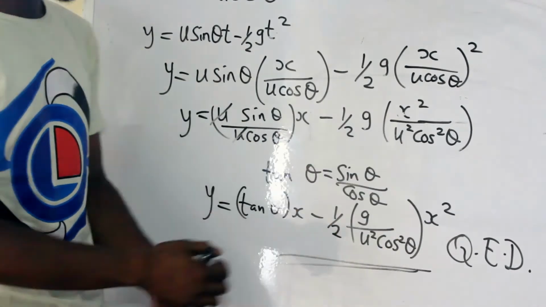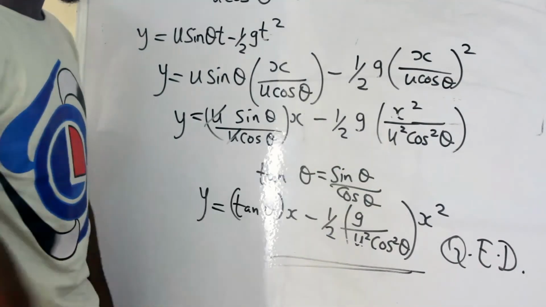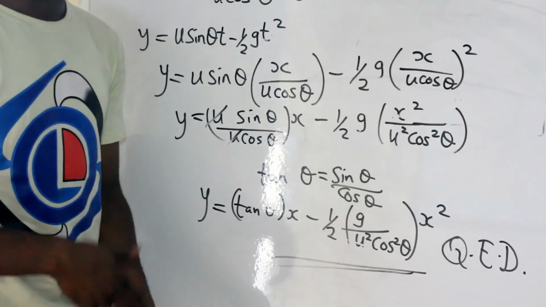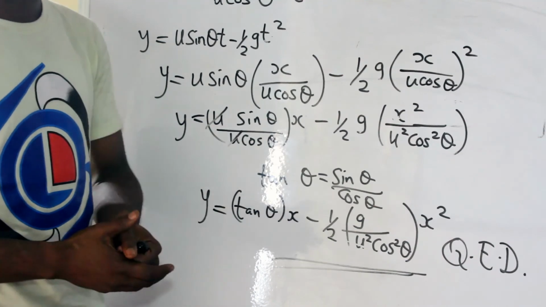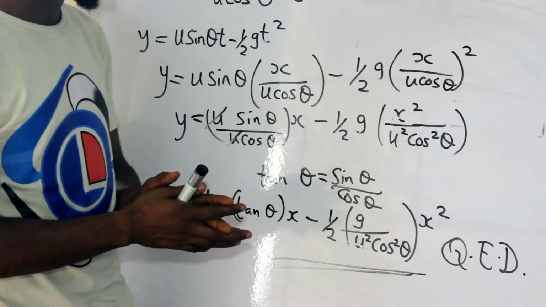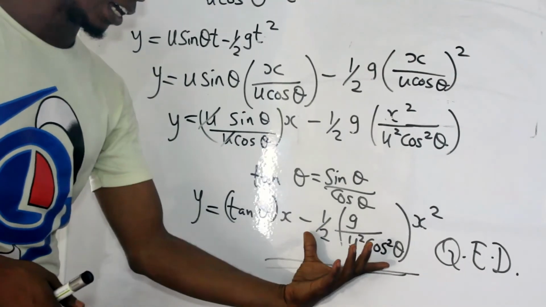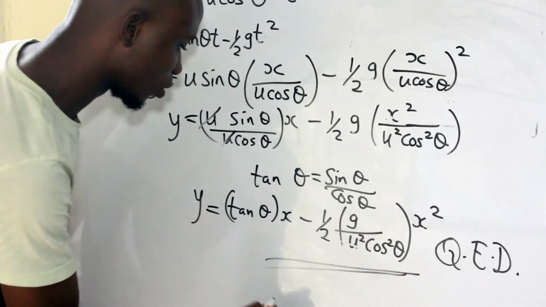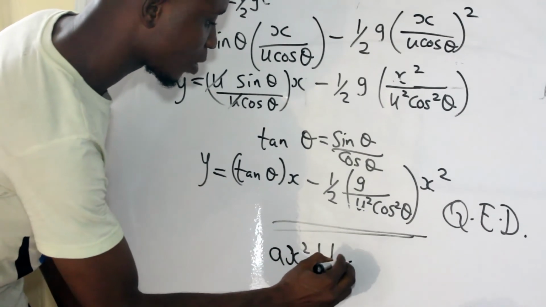Now, looking at this final equation, this looks like the equation of a parabola, a quadratic equation. That's the basic form of a quadratic equation. Of course, we have the x squared term, and you know that a quadratic equation is given in the general form as ax squared plus bx plus c.